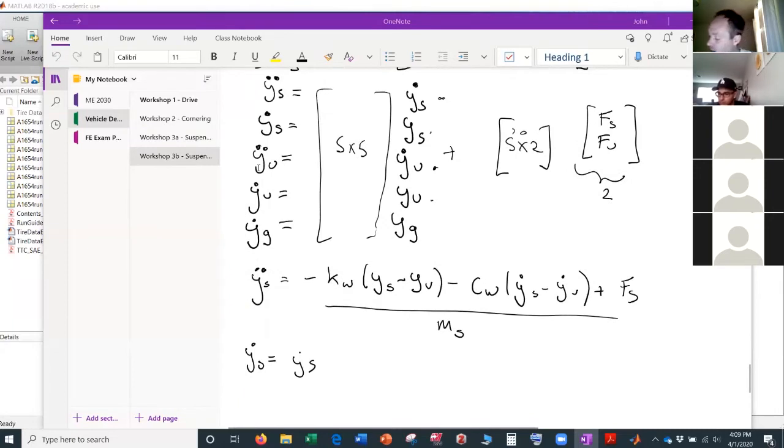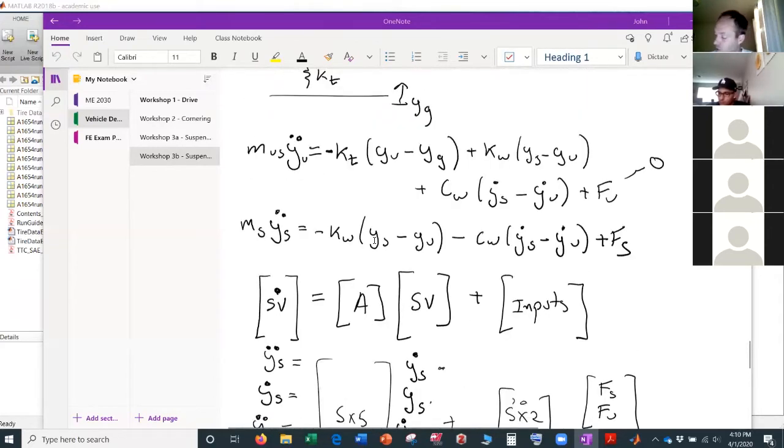And then I have my y double dot unsprung, and that's this term. So it's minus kt times y unsprung minus y ground.